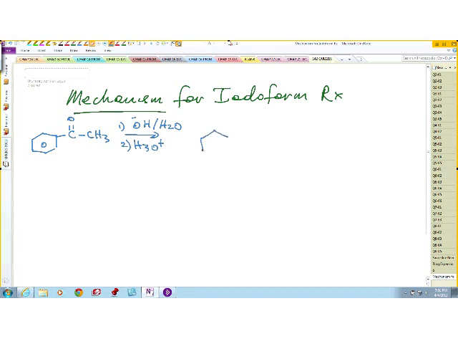You end up getting a carboxylic acid. So here we are losing a carbon atom. In this case, we are also forming iodoform. Okay, to look for the mechanism of this reaction.